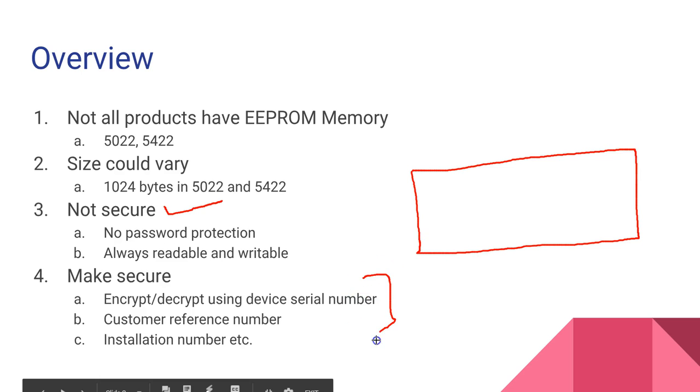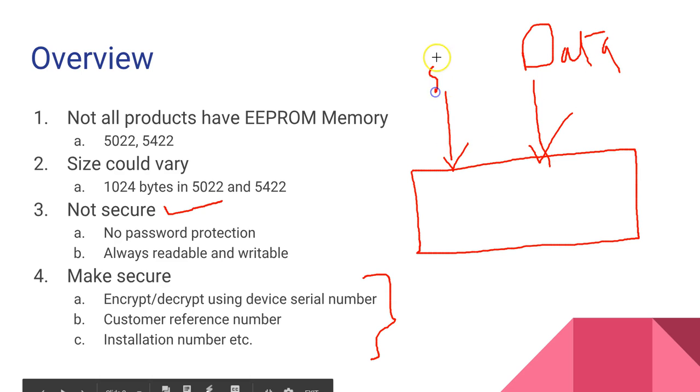Some of the ways you can do this is to use the serial number of the device, a custom reference number, or an installation number. There are so many ways you can try to encrypt and decrypt the data.